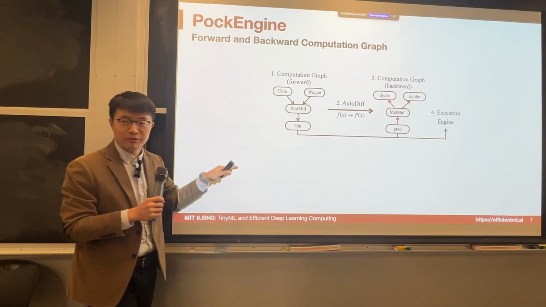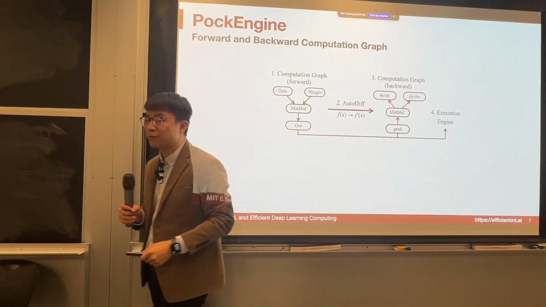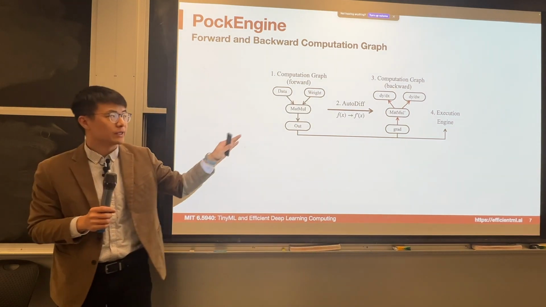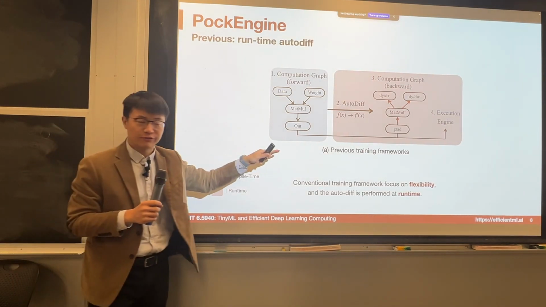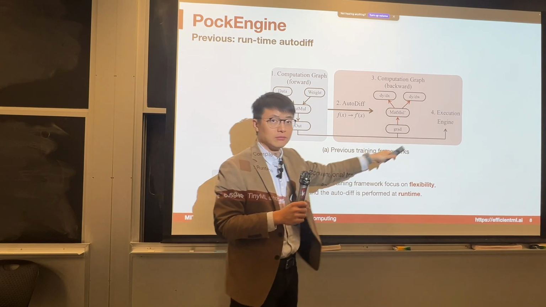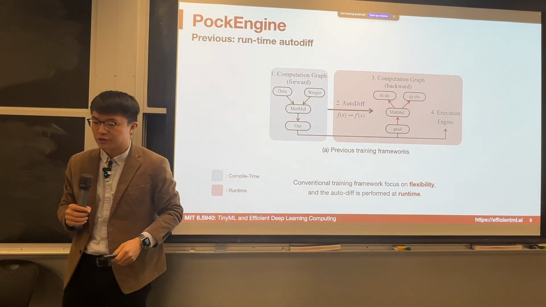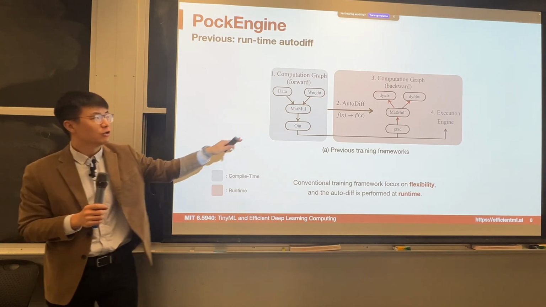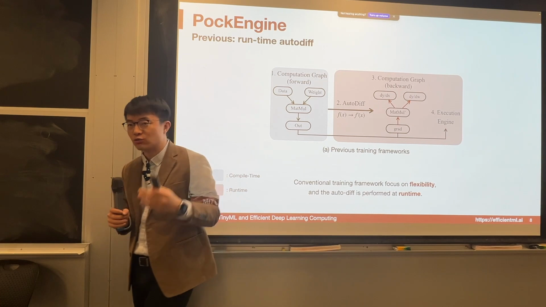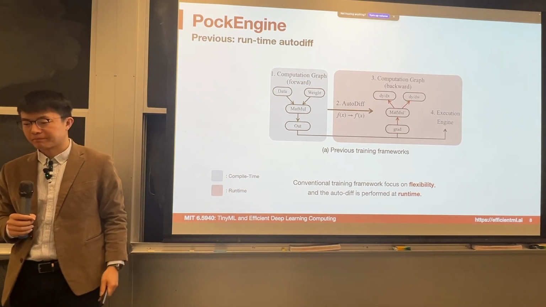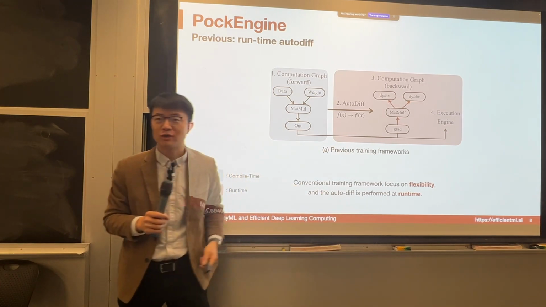And after you have both the forward graph and the backward graph, we are going to do the execution. Conventionally, the auto diff and execution are both done at runtime. So the compile time is only responsible for getting the forward graph, but auto diff and the backward graph are derived at runtime. So what's the difference between having that at compile time versus runtime?